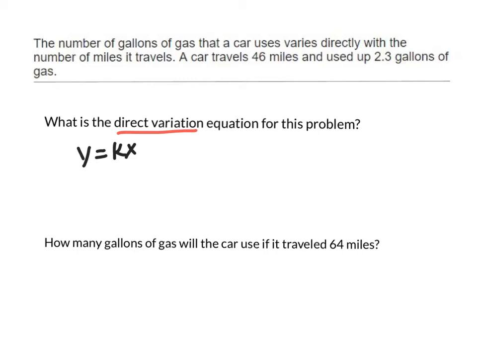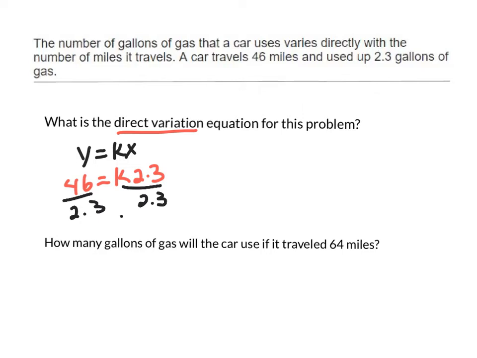So for this equation, we have 46 miles is equal to k times 2.3. Now we can solve for k by dividing by 2.3. We do that on both sides.